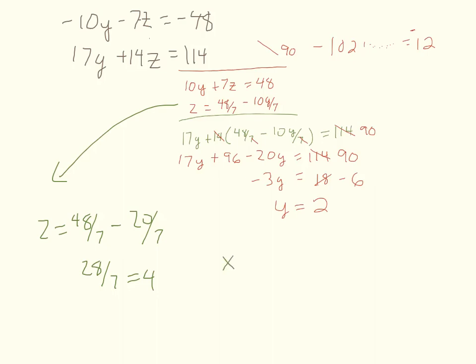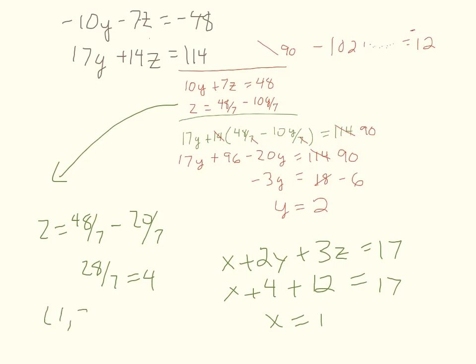So since we know that x plus 2y plus 3z equals 17, I can say, okay, 2 times 2 is 4. 3 times 4 is 12. Plus x is 17. x is 1. Again, we got 1, 2, 4 as our answer.